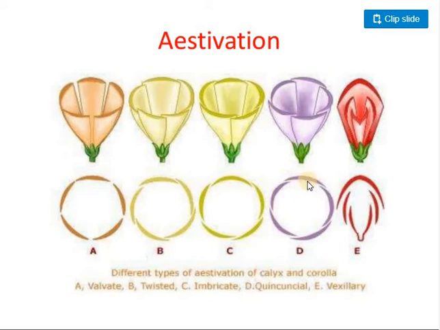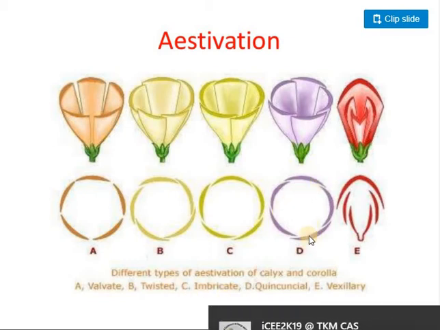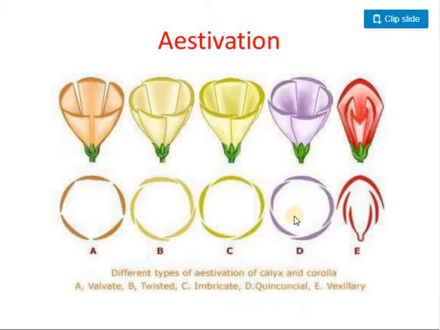So two in, two out, one in and out is called quinquncial aestivation.